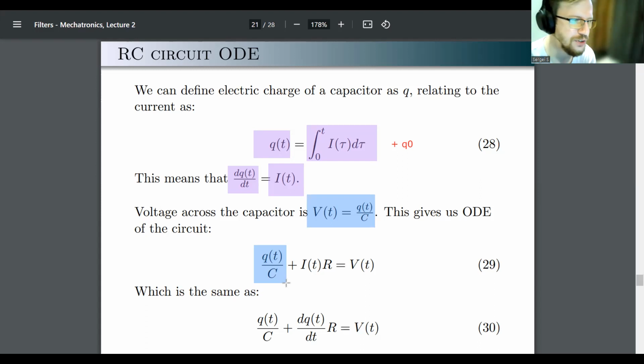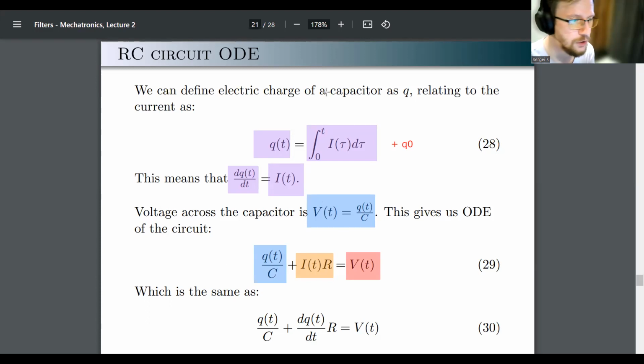So the input voltage would be positive and resistors, capacitors, and inductors would be negative, or we can just put them on different sides of the equation. That's what I did here. This blue term is the voltage consumed by the capacitor. This is Ohm's law, the voltage consumed by the resistor. And here is the input voltage. The sum of those has to be equal to that.